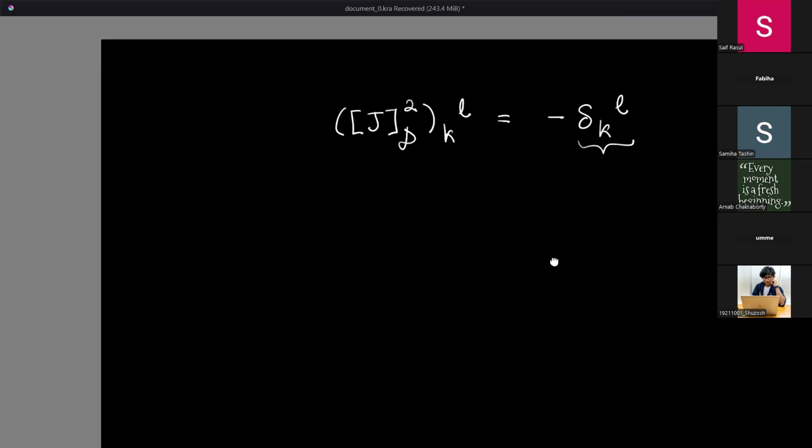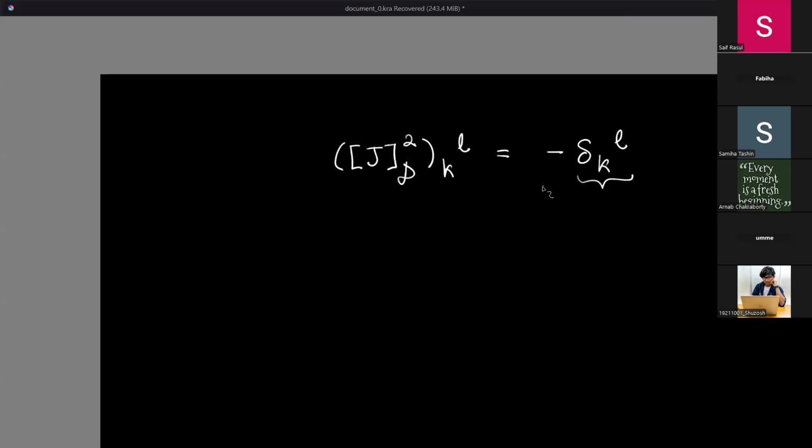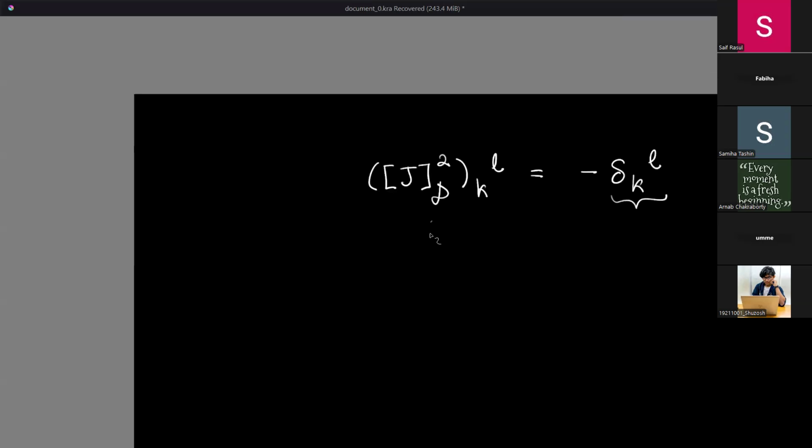So if we do this, then we can tell that if we take this square on the other side, we know that this is equal to the square of the matrix elements of the matrix. So we can rewrite it that way. J D KL squared is equal to minus delta KL. We couldn't have transferred the square over to the other side if we couldn't do this.